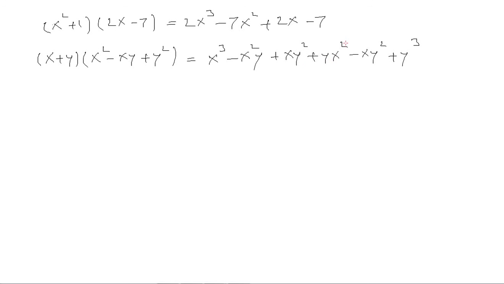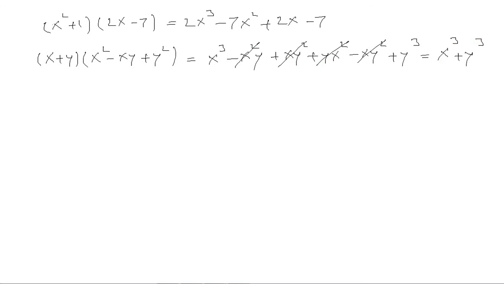So this cancels this. For the same reason, these are like terms and they cancel out. So I am left with x to the power of 3 plus y to the power of 3. So x cubed plus y cubed.